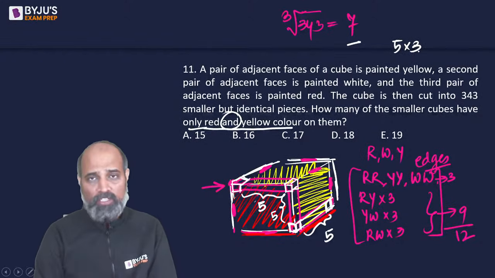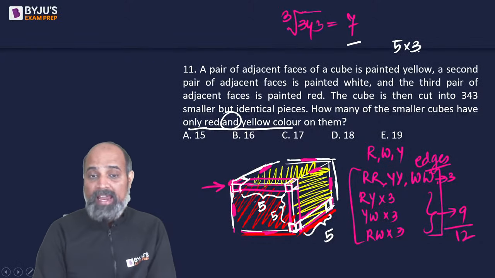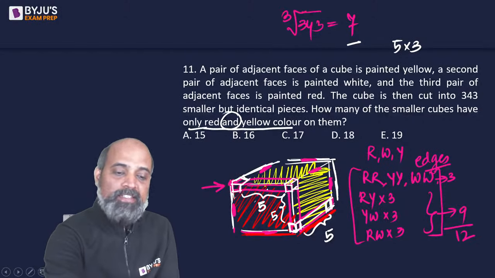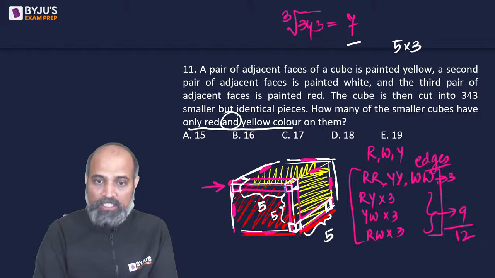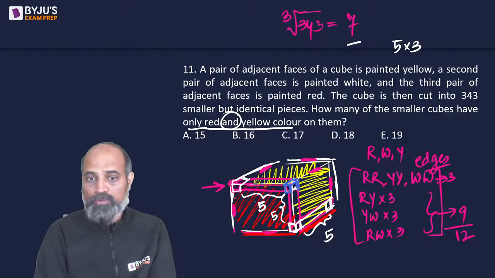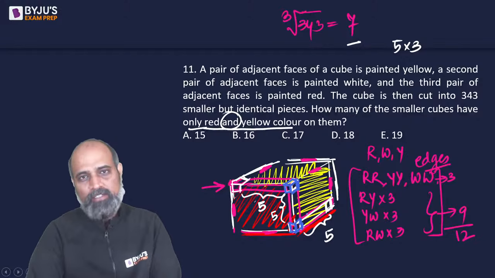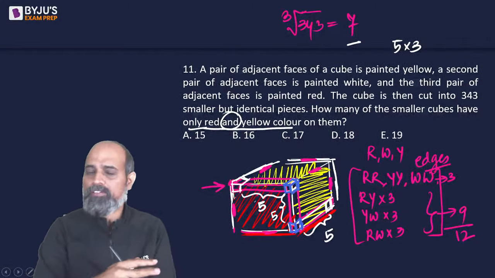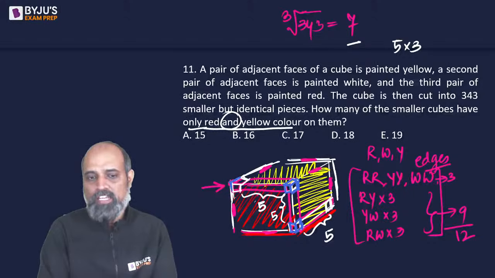These are the only two colors we have, right? There is no white. And then out of these 4 corners, these are the only 2 cubes out of the 4 cubes that we had taken outwards. I had pin-pointed them and kept them, not removed them. These are the only 2 cubes which will have only red and white. Because in this corner the white is coming, right?